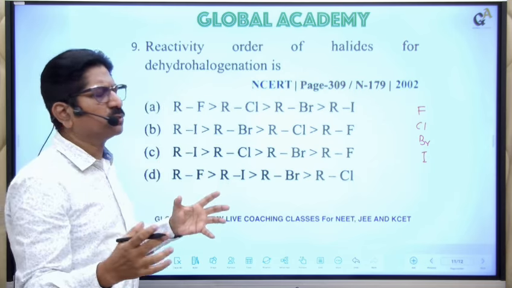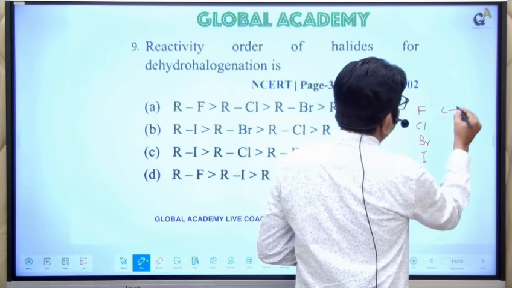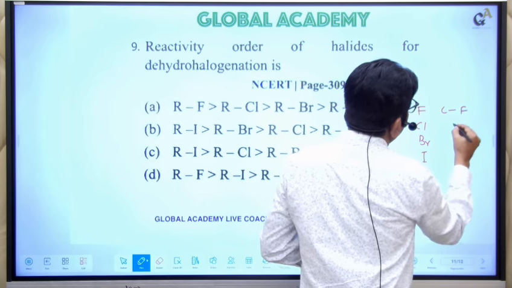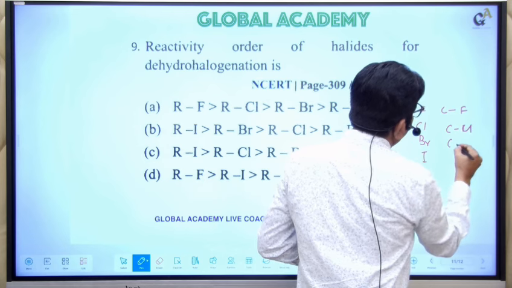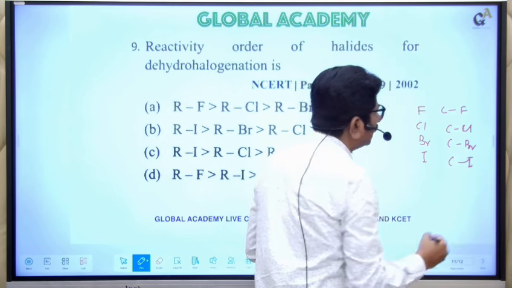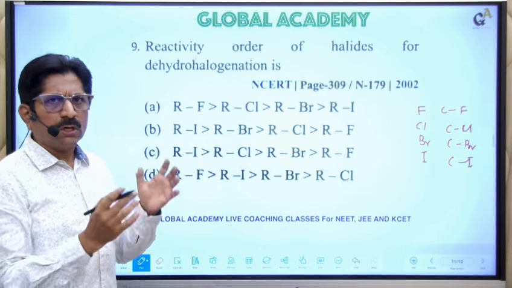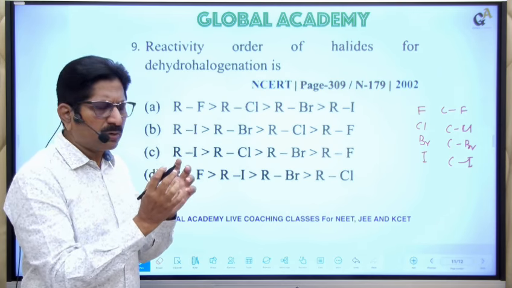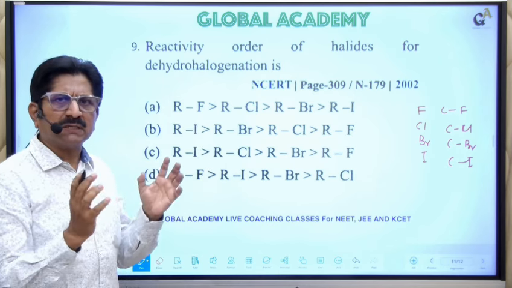As the size goes on increasing, the bond length also goes on increasing. So the carbon fluoride bond is the smallest bond, whereas the carbon iodide bond is the largest bond.